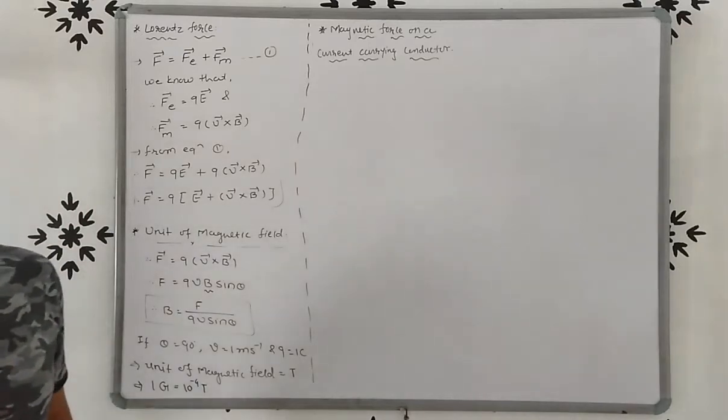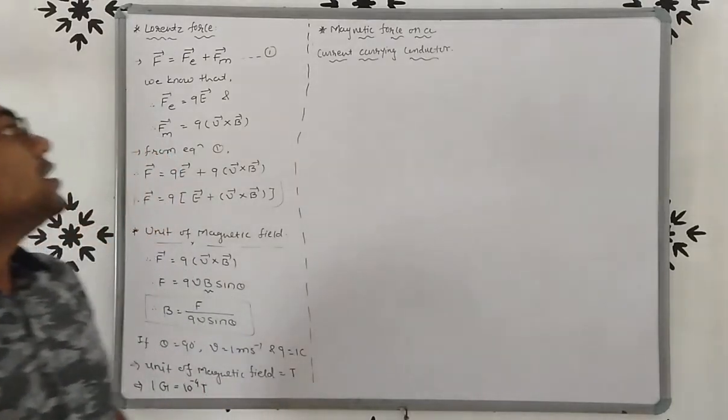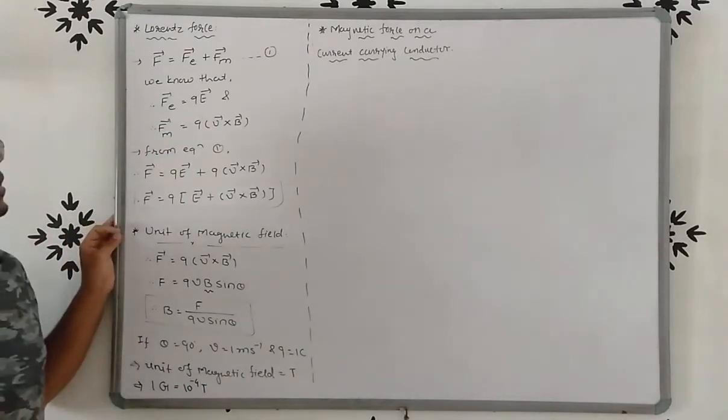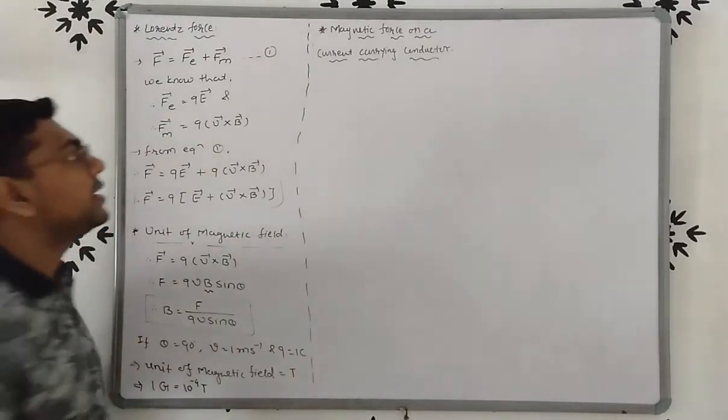The question will be like this: prove the formula of magnetic force on a current carrying conductor, right?